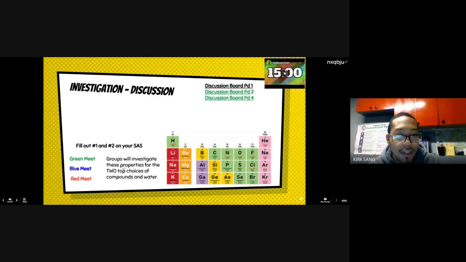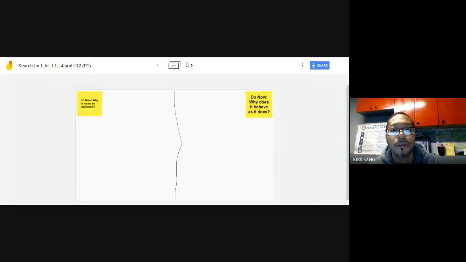Groups will investigate these two properties for the top two choices of compounds and water. All right, so you're going to head to period number 1, group on your discussion board. So click that and it takes you to your Jamboard.